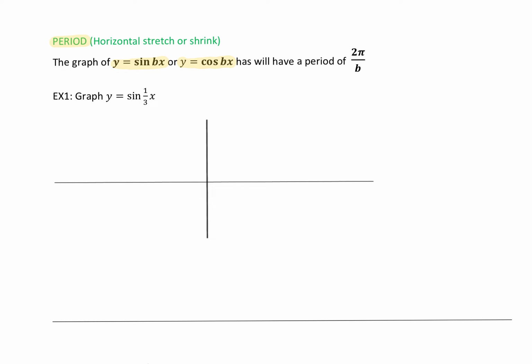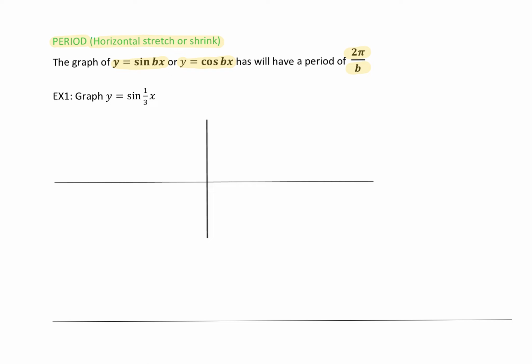So remember that whenever we change our x value, it does the opposite of what we think it's going to do. So if we're multiplying x by some value b, it'll change the period from 2 pi to 2 pi divided by b. So multiplying x by b means the period will change by dividing by b. And this would correspond, in our prior transformations, to a horizontal stretch or shrink.